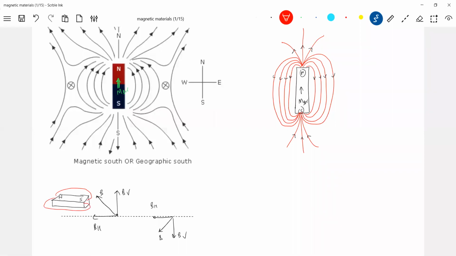I'll show only a few. Now how will BH and B be at any point? At this particular point, B bar due to the bar magnet will be towards right, and BH will be towards left.